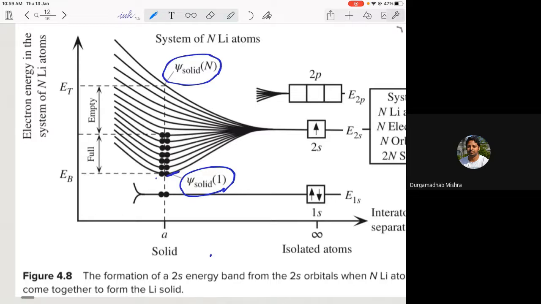It is not just 2 electrons or 3 electrons, but it represents all the n electrons that you have in the solid. It will have an energy EB and a top energy ET, and in between you will have all these n energy levels.